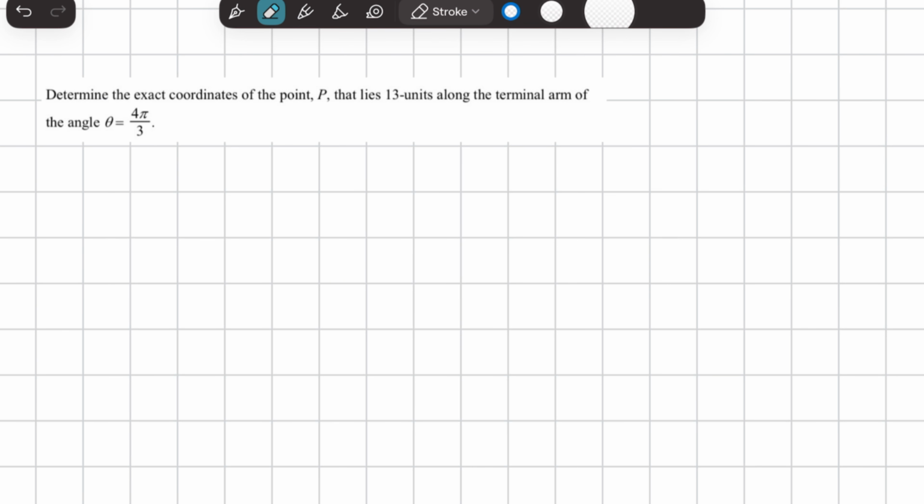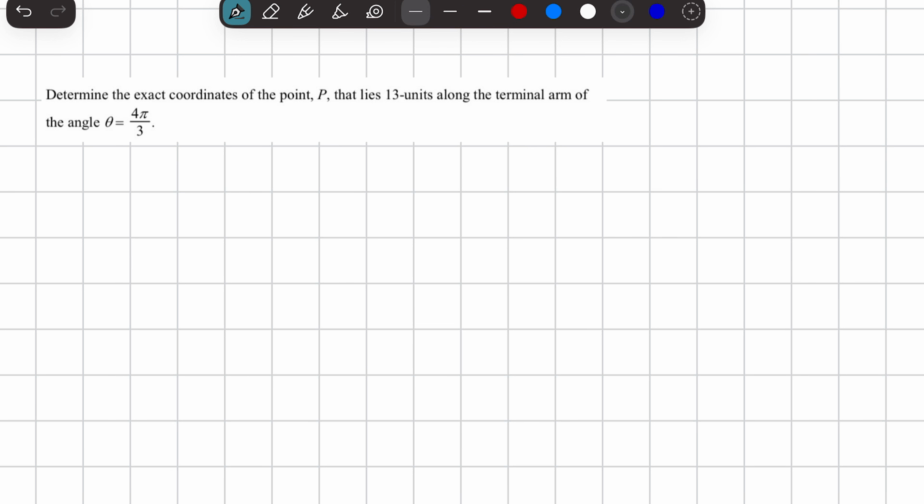So we know that for 4 pi over 3, our reference angle is pi over 3, which is 60 degrees. And for a 60-degree triangle, we have our 60 here, and it goes across, and we would have like the square root 3, and here would be 2. However, this would be times by 6.5 to get 13.